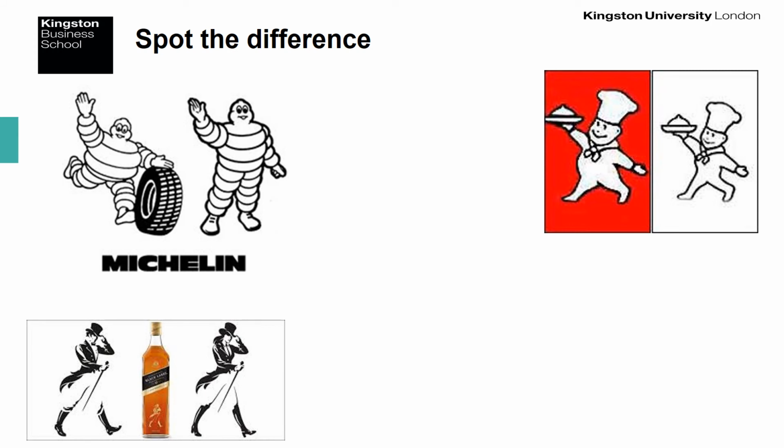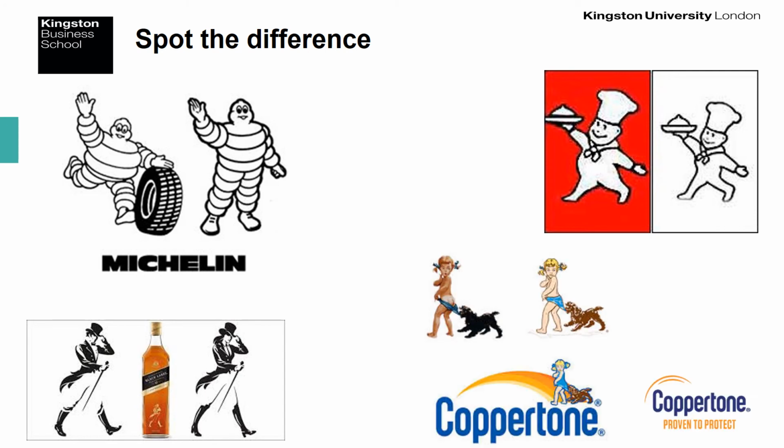Johnnie Walker whiskey, now at the bottom left of our screen. What's the difference between the Johnnie Walker logo or brand character on the left and the one on the right? And why do you think that difference has been introduced? And lastly, we have Coppertone sun protection lotion. So we've got 1, 2, 3, 4 different Coppertone logos here.